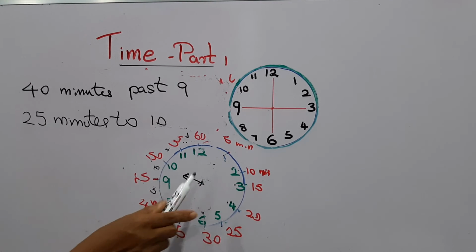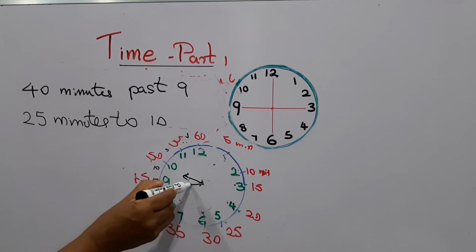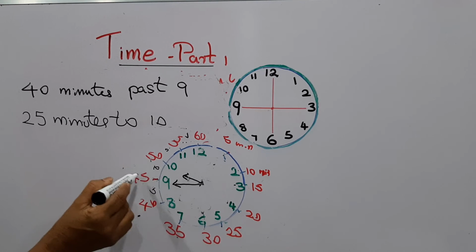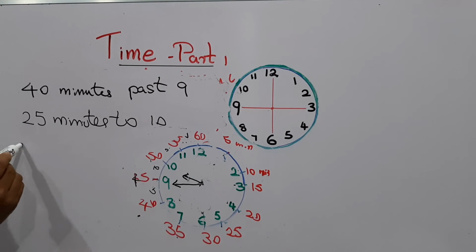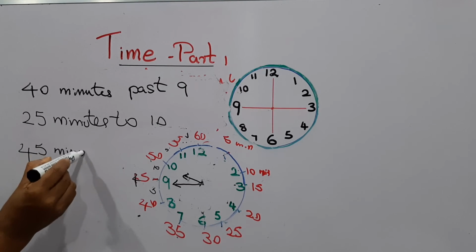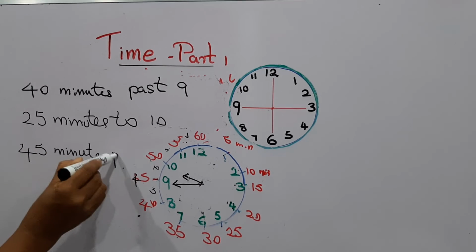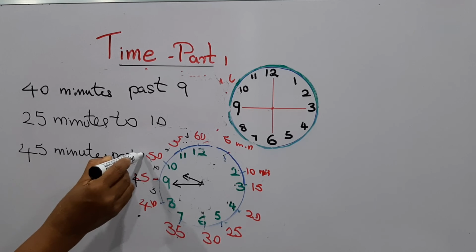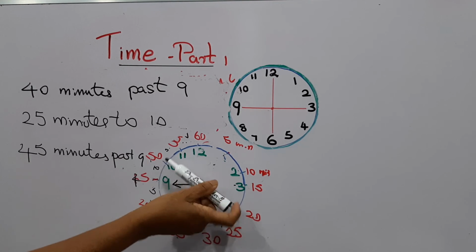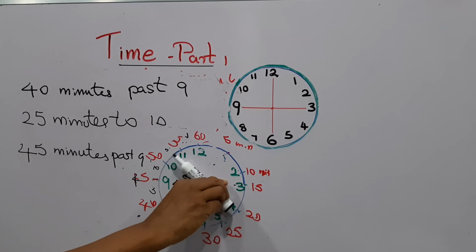Right, now we'll see the minute hand pointing towards 9. Now, what's the time? How many minutes passed? 45 minutes past 9. Then, how many minutes will it be to 10?